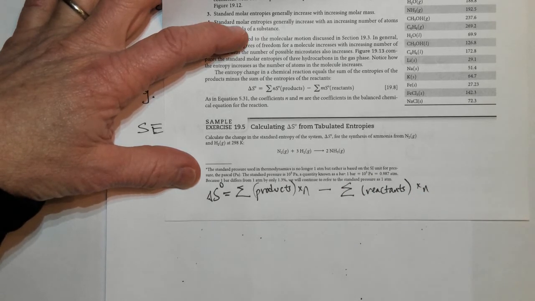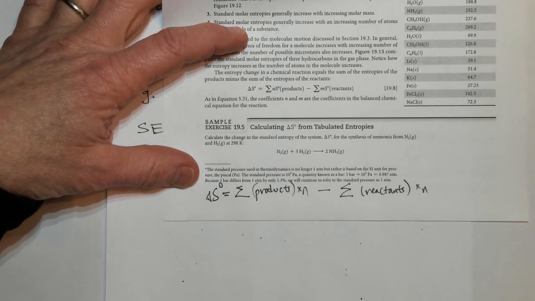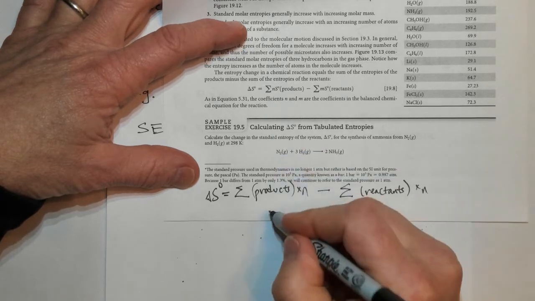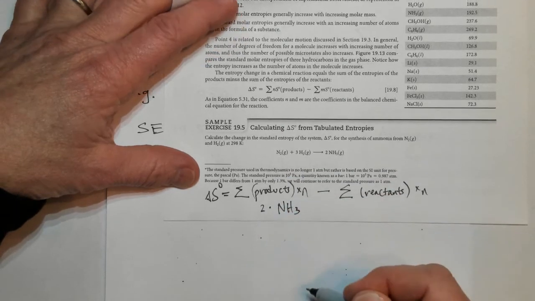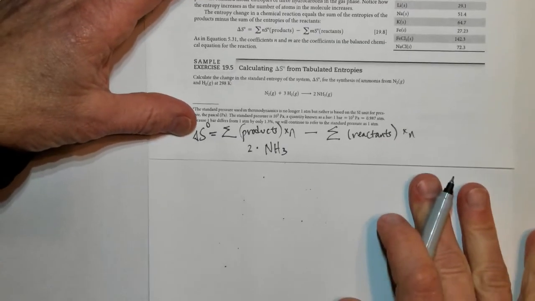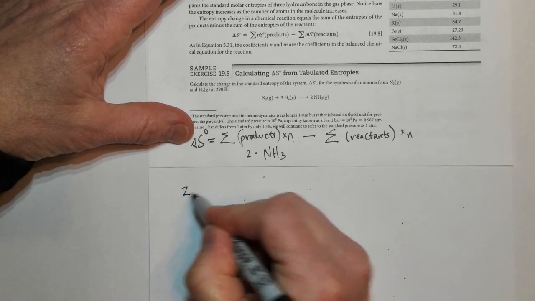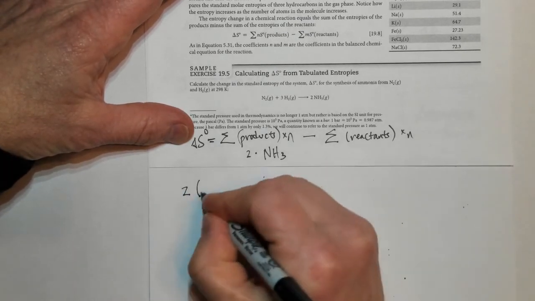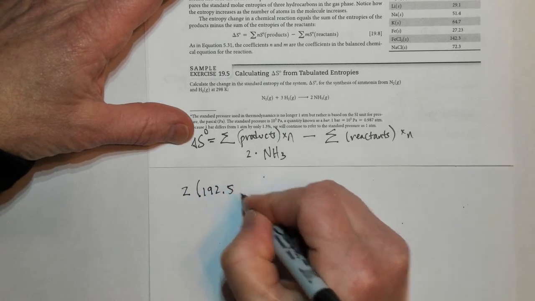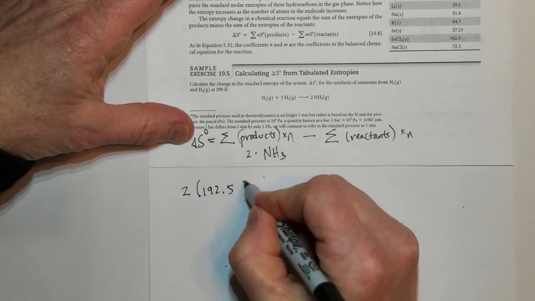Just looking up these numbers in Appendix C, you can take a moment and look them up if you'd like to, but I'm just going to give them to you. The entropy for NH3, which is the product here, don't forget we have to multiply it by 2. 2 times NH3 is 192.5 joules per mole Kelvin.